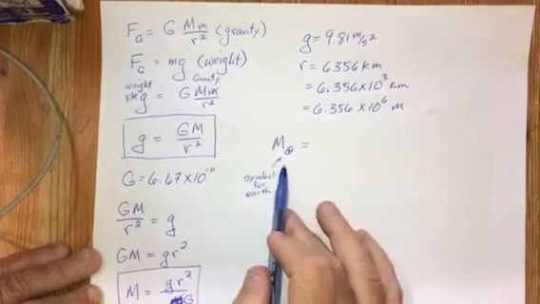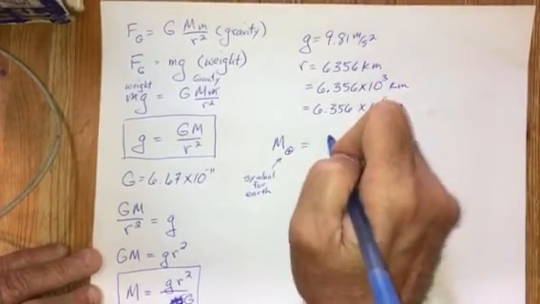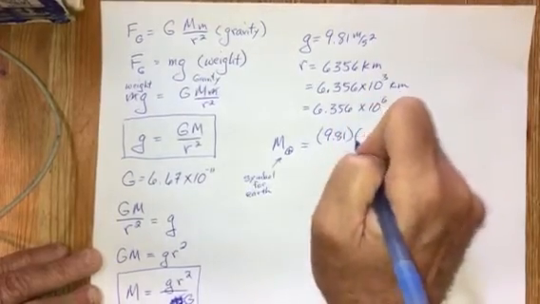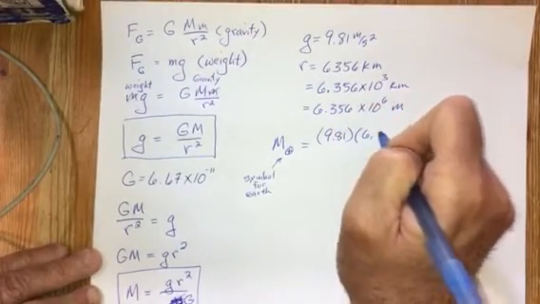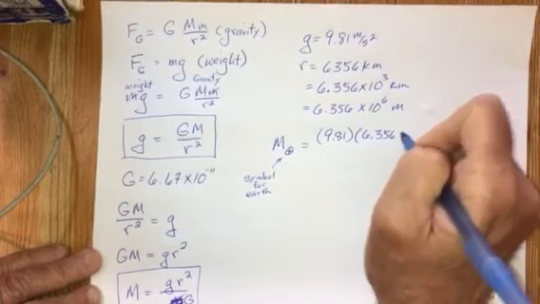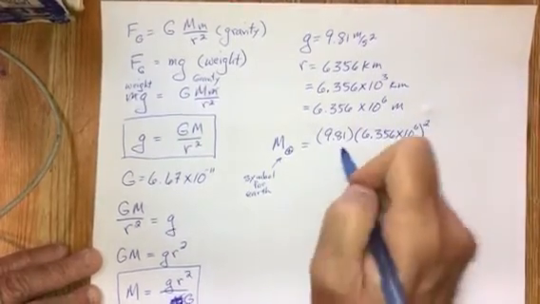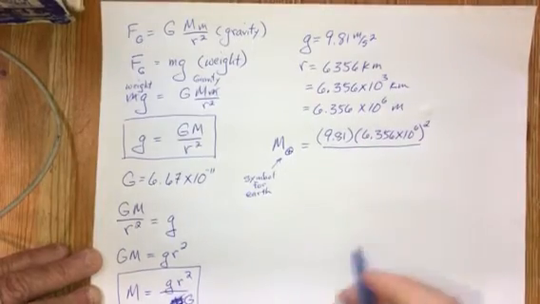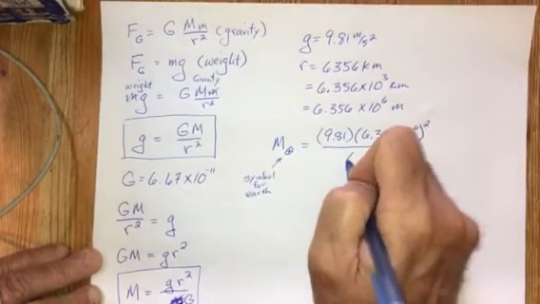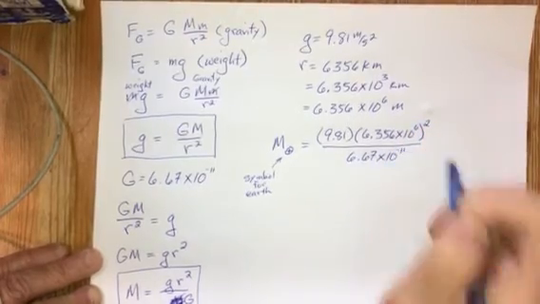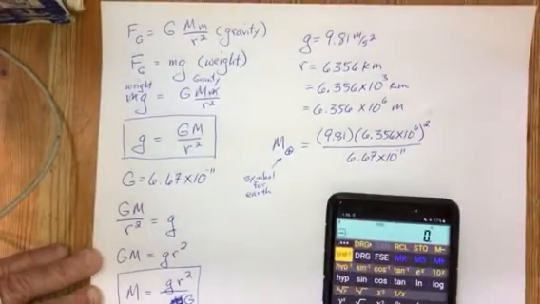Okay, so the mass of the Earth is going to be equal to 9.81, that's lowercase g, times the radius, which is 6.356 times 10 to the 6th, and we're going to square that, and then we're going to divide by the gravitational constant, which is 6.67 times 10 to the negative 11th power. So let's get our calculator ready.